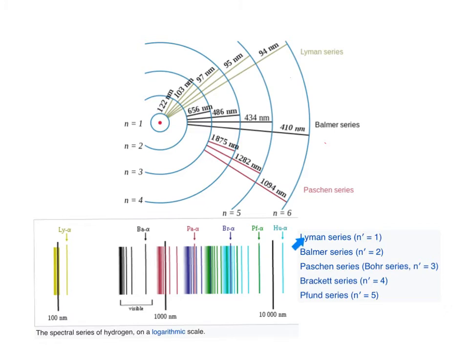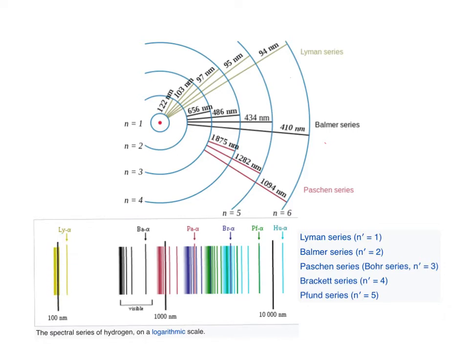So the Lyman series, as we've worked with before, is where energized electrons fall back to the ground state, giving off high energy photons. So that would be the Lyman series.